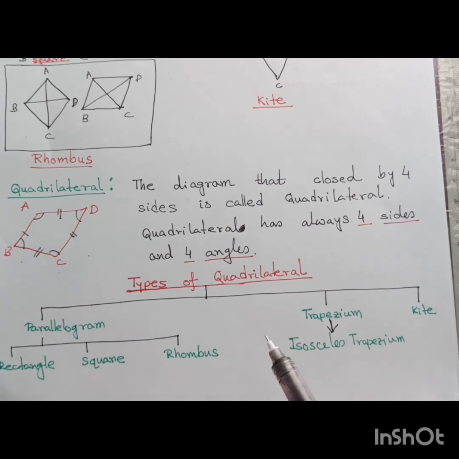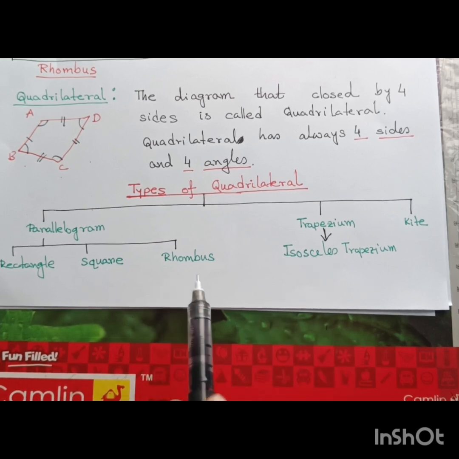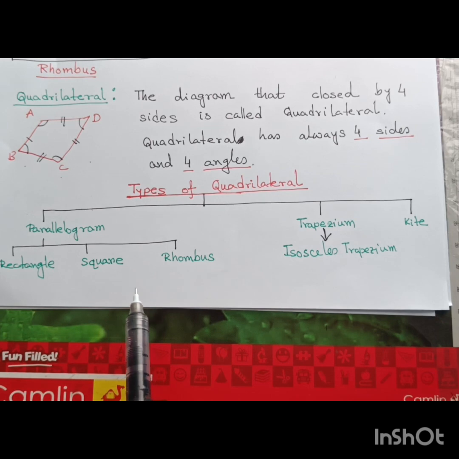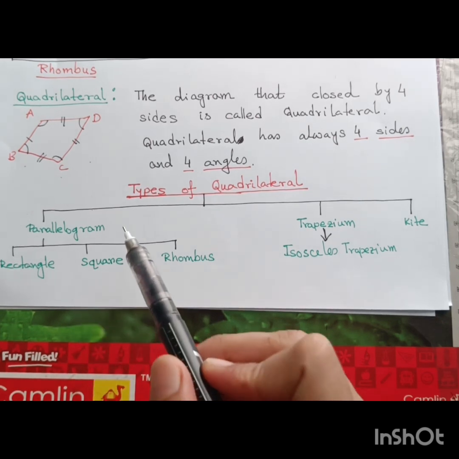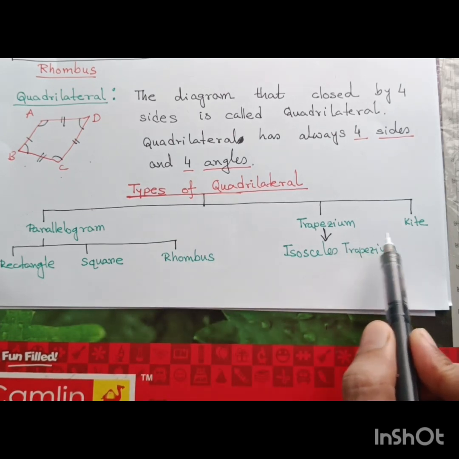The types of quadrilateral. Here I have made a chart diagram for the types of quadrilateral. Here see parallelogram, trapezium and kite.